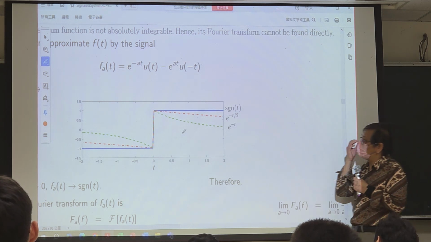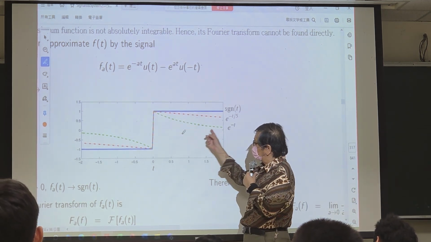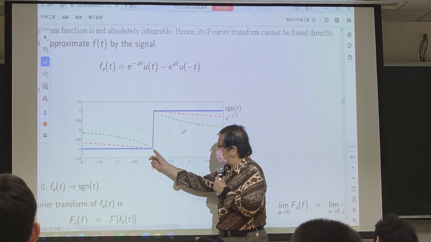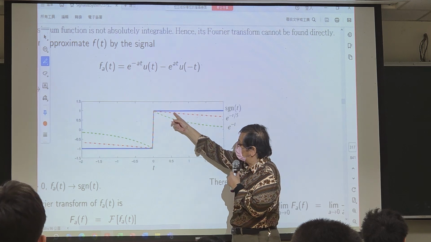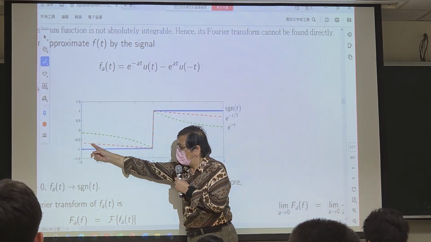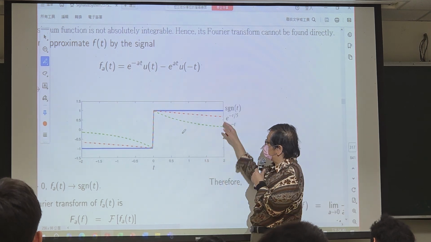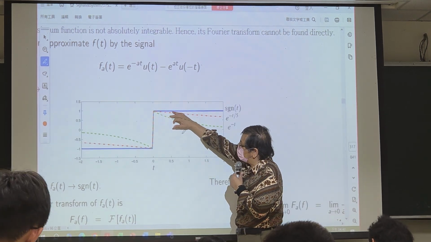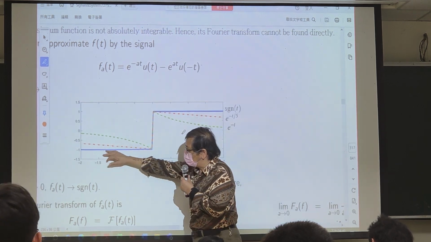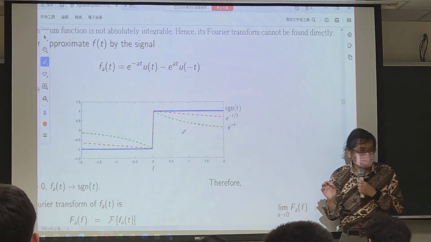When a is 1, this is f_a of t. When a is 1/2, this is the function. So when the parameter a becomes smaller and smaller, you can see this function approaches the signum function more and more, right? So that's the tricky part.